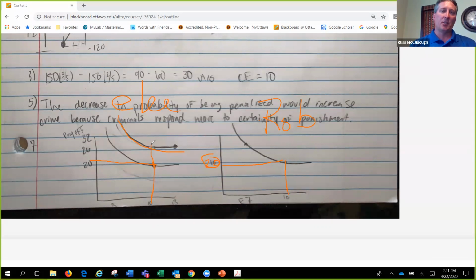It said by 12 utils, so from that point you should go up 12 and then over. This should be lining up with your 32, right? 12 plus 20 equals 32. Okay. And now what? Then this is where I don't know.